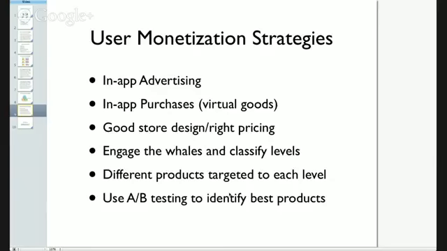So getting these experts that have the experience is really, really helpful. And there are a lot of these people out there now. So I would say that's the number one way to do it, bring somebody on the team. It's the easiest way, because that person has the experience. The other one, of course, as we were talking about, is using A/B testing to identify various techniques that are going to be effective for the game.